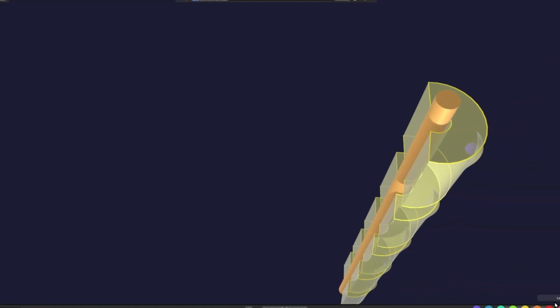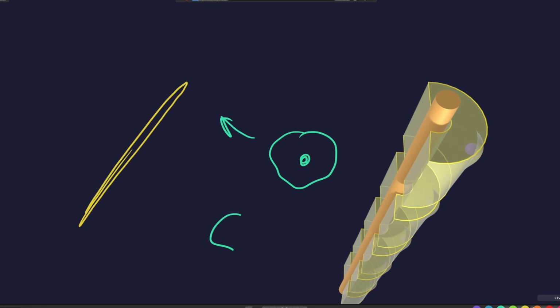So first of all, let me explain it on the sketch. Let's suppose here is a nerve fiber. First of all, some Schwann cells will come here and surround this neuron from all sides, like this.